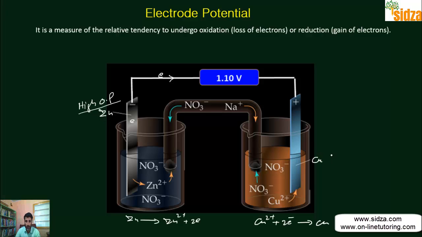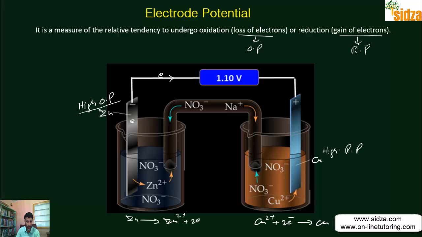And the copper, which gains the electrons, has a high tendency to gain electrons, which means that it has a high reduction potential. Okay, so copper has a very high reduction potential because the tendency to lose electrons is called oxidation potential and the tendency to gain electrons is called reduction potential.